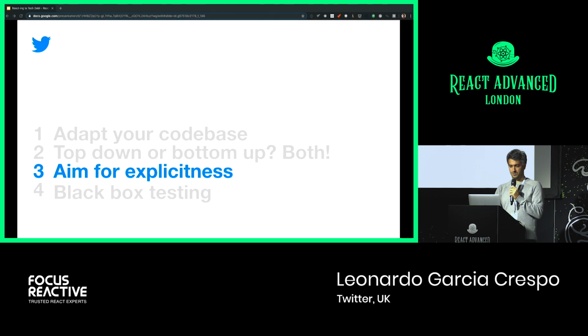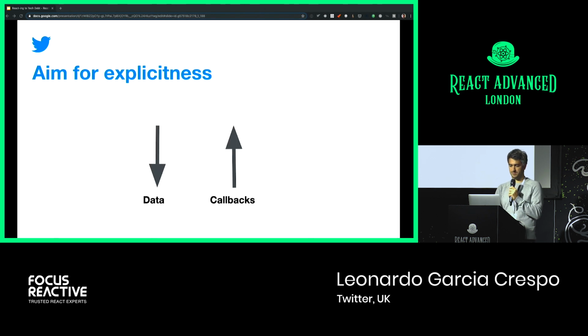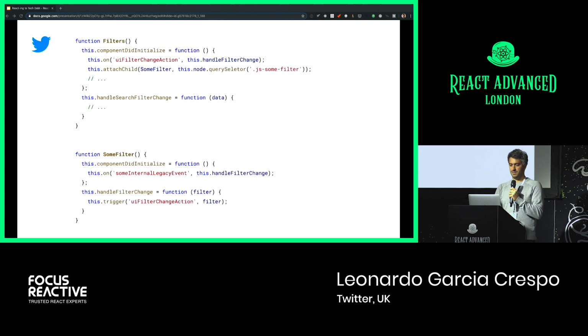Third, we wanted to solve the implicitness in our app, so we didn't want to keep providing that implicitness to the new React components. The way React solves implicitness is by passing data down as props, and callbacks up, also via props.